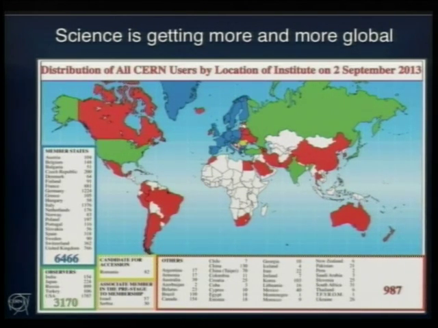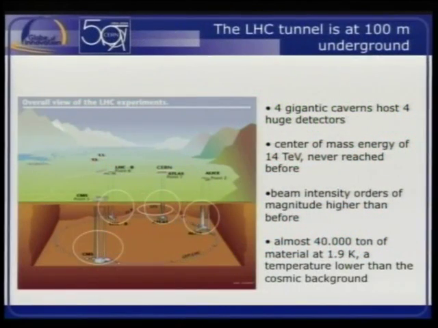All the others are participating, paying for the participation. But Italy is one of the main countries at CERN, and you can see there are something like 6,000 plus 3,000, so more or less 10,000 people working on this project. Maybe you can find your country here in the list.